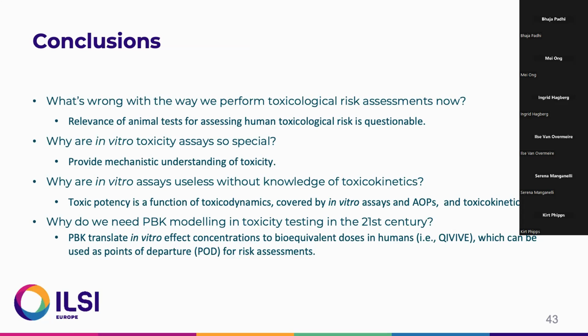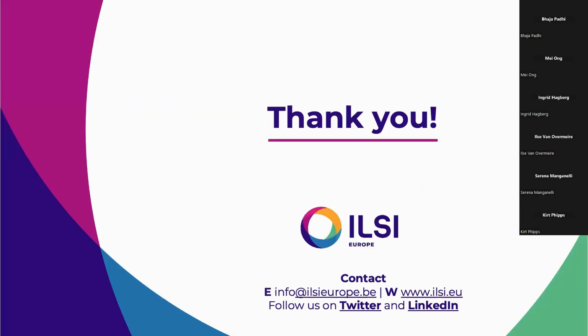This is why we need PBK models, because PBK models help us translate in vitro effect concentrations to bioequivalent doses in humans, which we then call quantitative in vitro to in vivo extrapolation. And we could use these extrapolated dose response curves to set our point of departure for risk assessment. And that's it. Thank you very much for listening, and hopefully it was easy enough to follow.